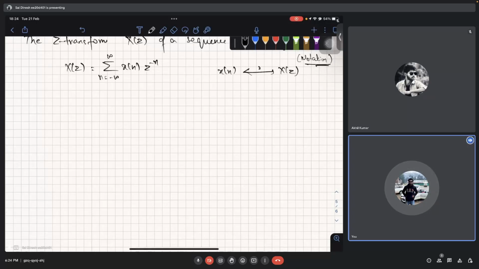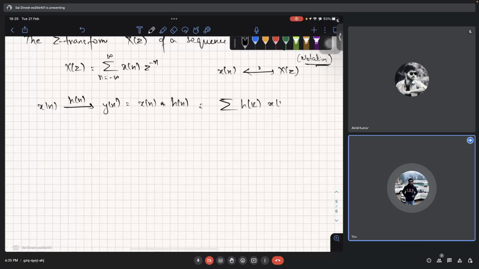So in the context of LTI systems, if we have x of n passing through a system with impulse response h of n, and we get y of n at the output, y of n is equal to x of n convolved with h of n, which is equal to the sum from minus infinity to infinity of h of k x of n minus k.